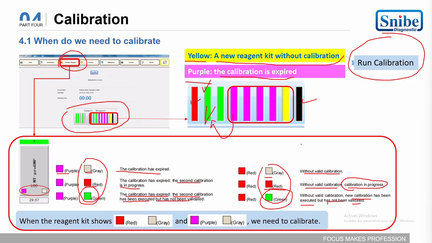After we validate it, it will turn to green also. So from the sample and reagent interface, using these squares, we can know when we need to calibrate: when we have red in the left, gray in the right, or purple in the left, gray in the right, we need to calibrate the reagent kit.